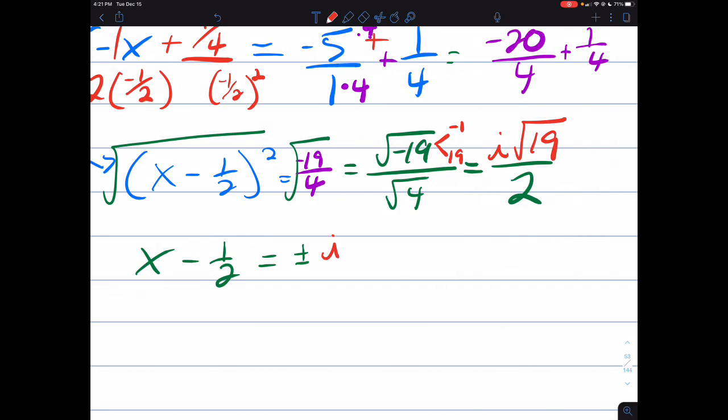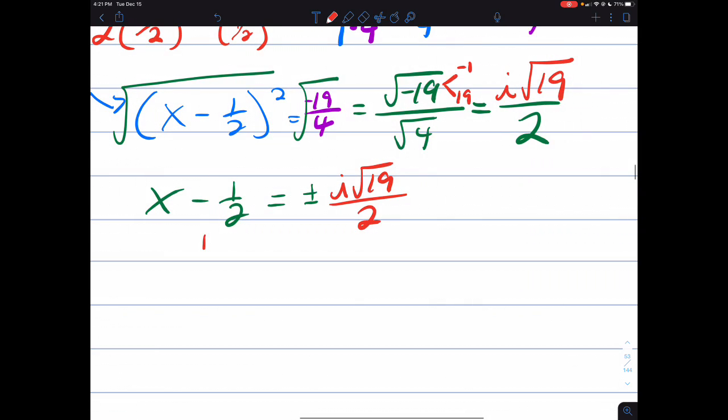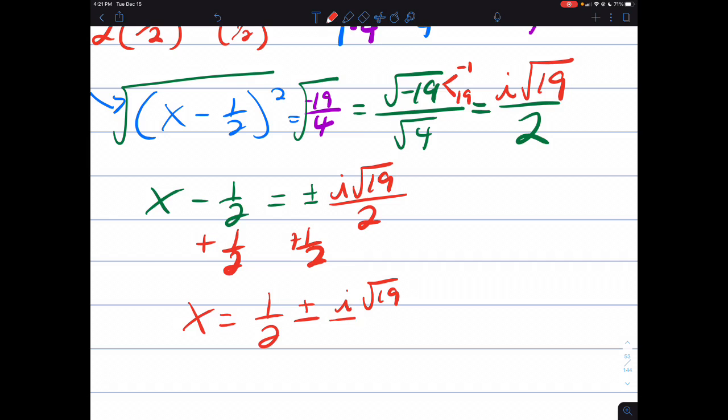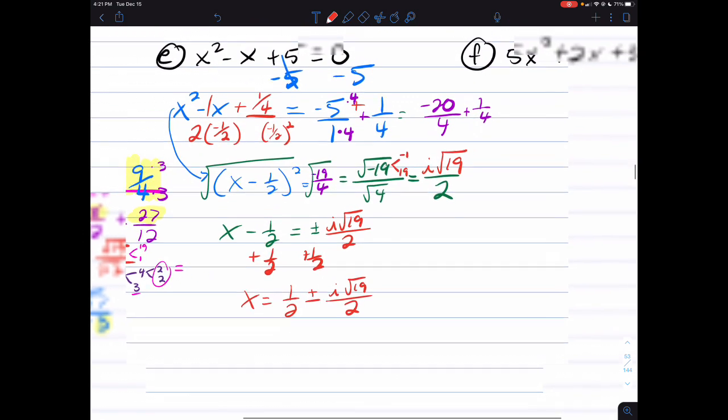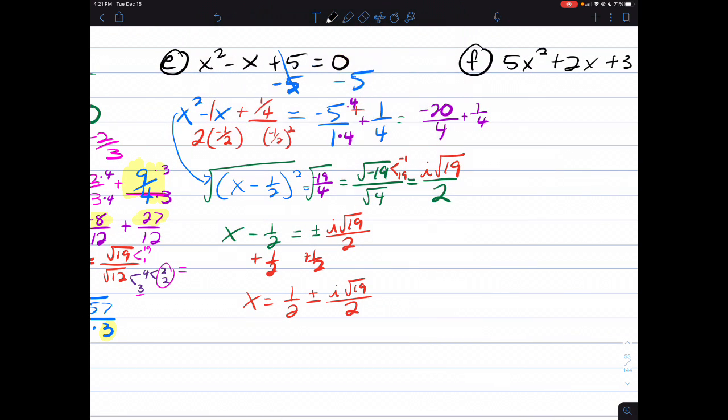So we have i radical 19 over 2. We can add the 1/2 to both sides. x equals 1/2 plus or minus i radical 19 over 2. That's the answer. Okay, last one.